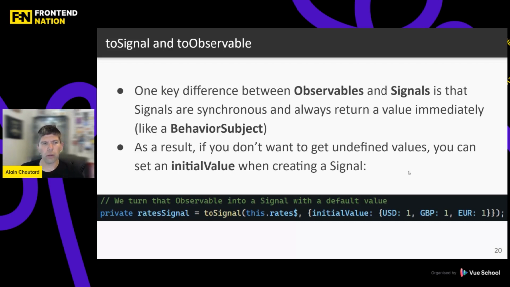So a tip on that, especially if you work with HTTP requests, you might want to pass a default value. So here we turn an observable into a signal, and we pass an initial value, which would be the default in the short amount of time that we wait for the HTTP response to be there. This would be the initial value. And that way it's never undefined. There's always something in that signal.